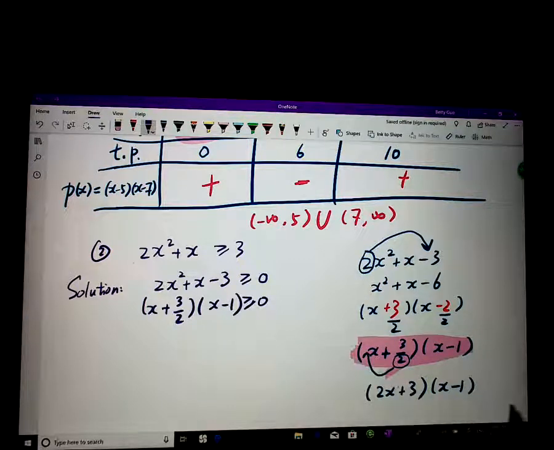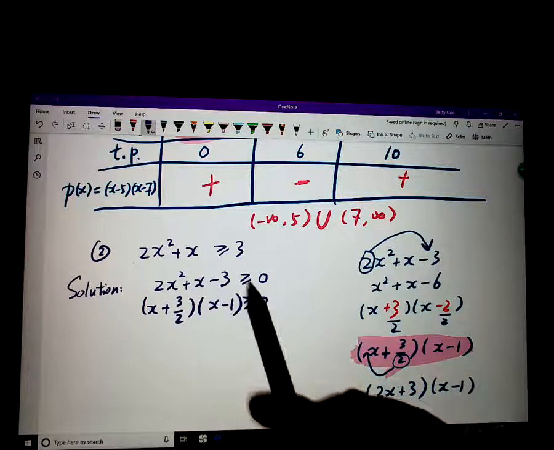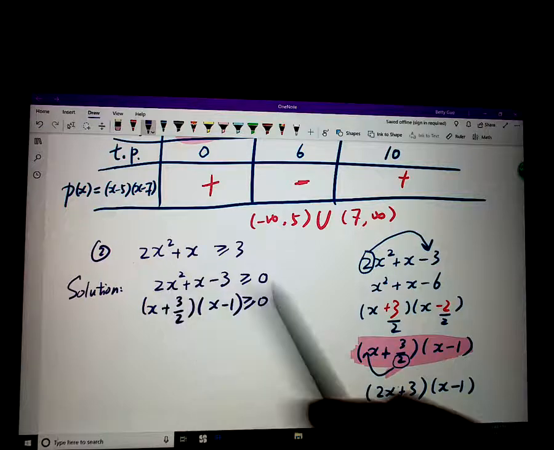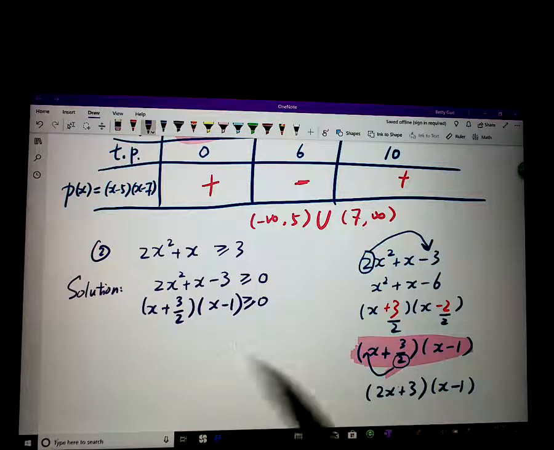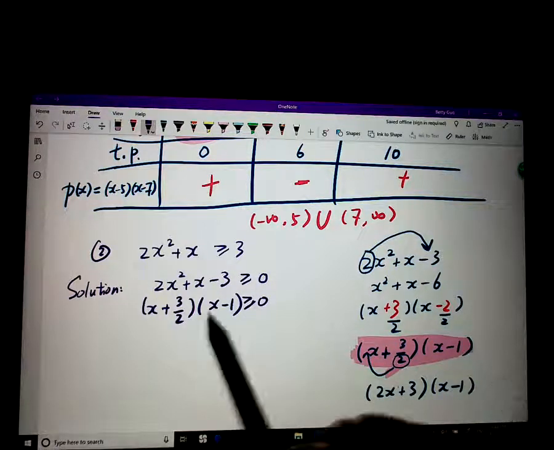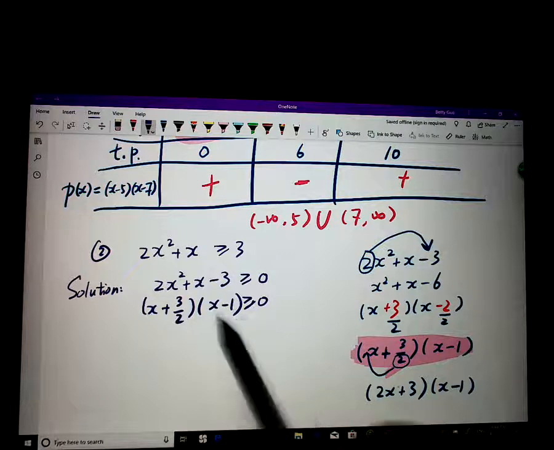Okay? It won't change anything because it is an inequality. If you divide the whole inequality, every term by 2, you would have this inequality. They are equivalent. Okay? They are equivalent. And this form is more convenient.